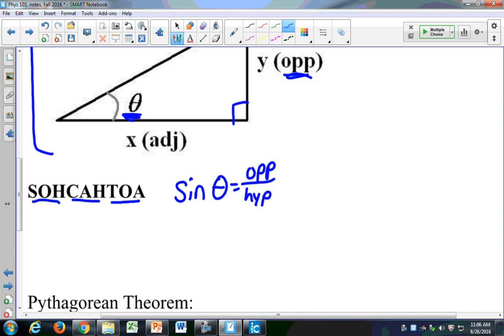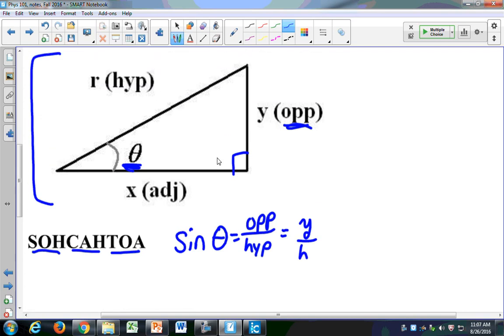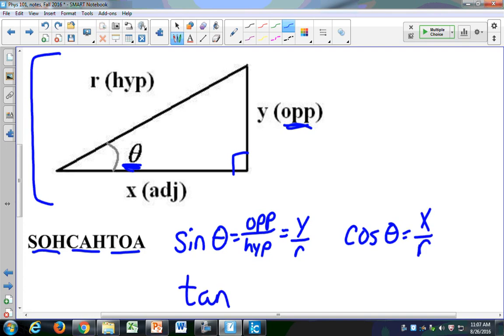And in this case, it's going to be y over r. This is my hypotenuse. It's the side that's opposite the 90-degree angle. Cosine is adjacent over hypotenuse. That's going to be x over r in this case. And then tangent is opposite over adjacent. That is y over x.